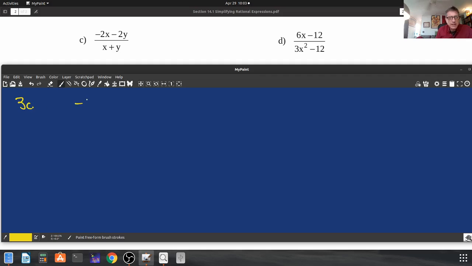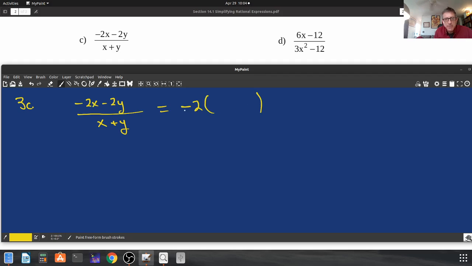I have minus 2x minus 2y over x plus y. Now here I'm going to note that my GCF is really 2, but it's okay to factor out a negative 2. And clearly a negative 2 is in both of those. So I'm going to factor out a negative 2.